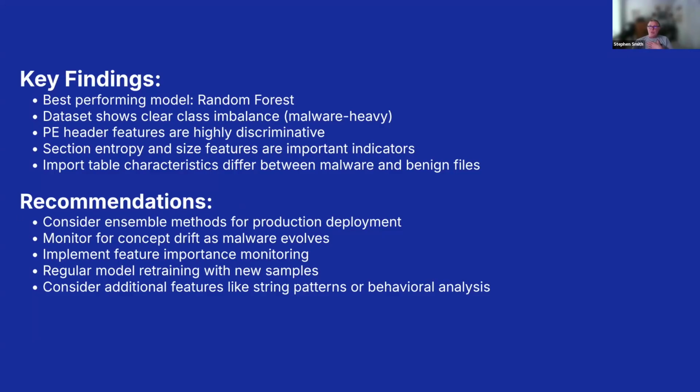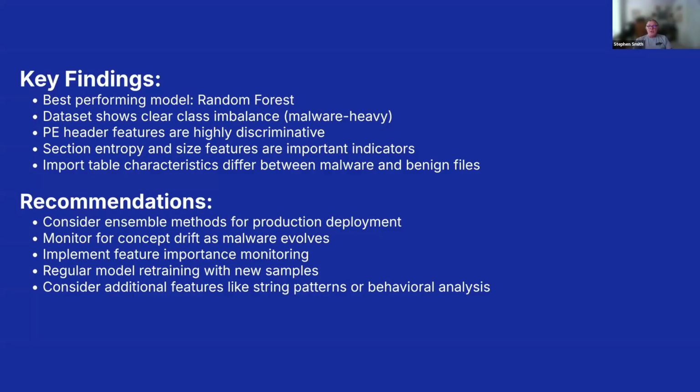So what are the recommendations, right? Ensemble methods are better for production deployment, because it is a synthesis of a bunch of different methods. You don't have to run a bunch of parallel models. Make sure that your confusion matrix statistics remain solid and your precision and recall are consistent.